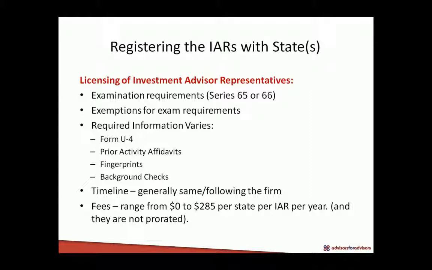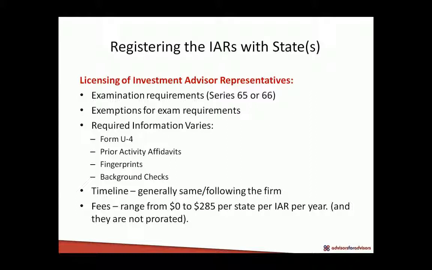Generally speaking, the requirements for an investment advisor representative is one of the qualifying examinations, the Series 65 or 66, or an exemption from that, which is typically an advanced designation or degree, such as a CFP, a CFA, a ChFC, and some others that vary state to state.